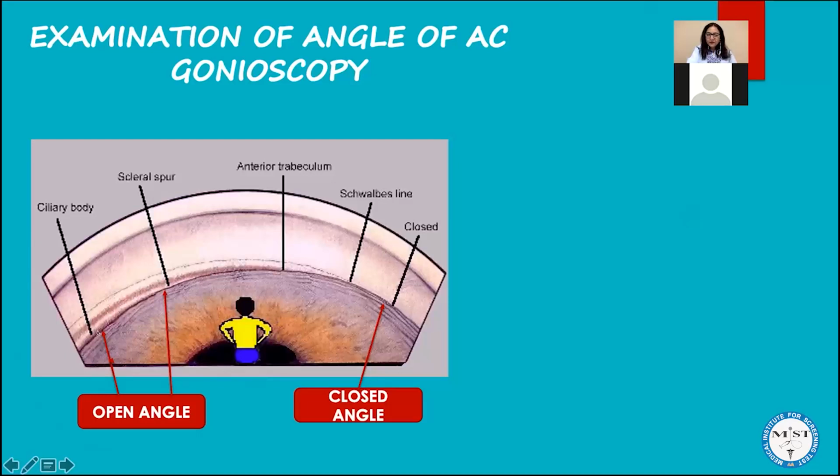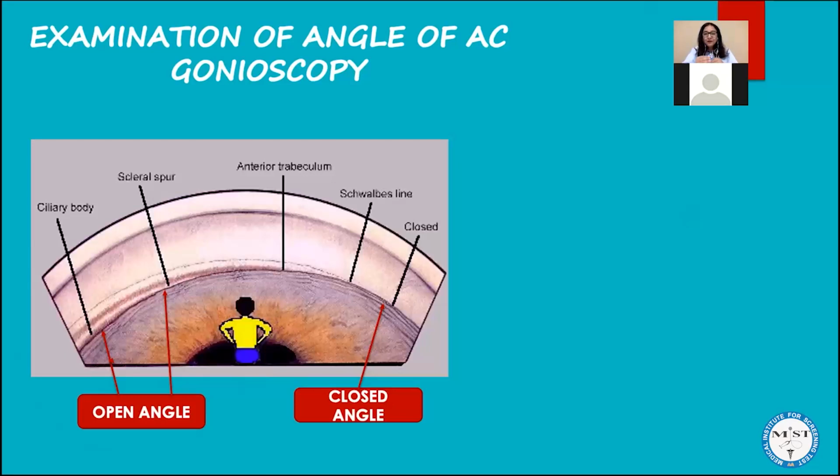So if you are able to see all the four structures or three structures till scleral spur, then the angle is open and there is no obstruction to the flow of the aqueous. But if you are able to see only two structures, anterior trabeculum and Schwalbe's line, or one structure till Schwalbe's line, then it is narrow.